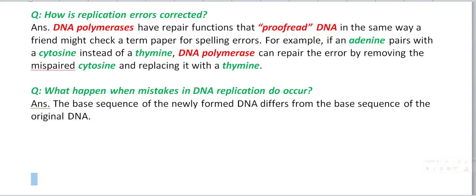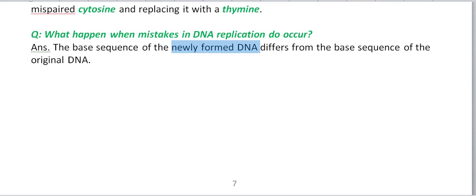What happens when a mistake in the DNA occurs? The base sequence is a single strand of the DNA. If we focus on one strand of the DNA, this is called the base sequence. If the base sequence of the newly formed DNA differs from the base sequence of the original DNA molecule, this is called mutation.